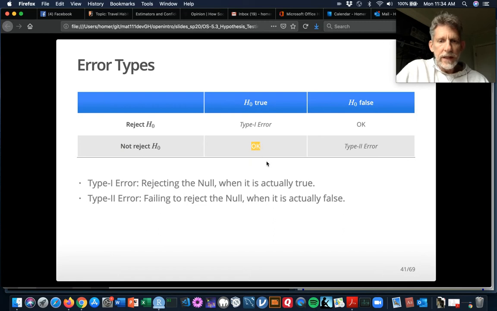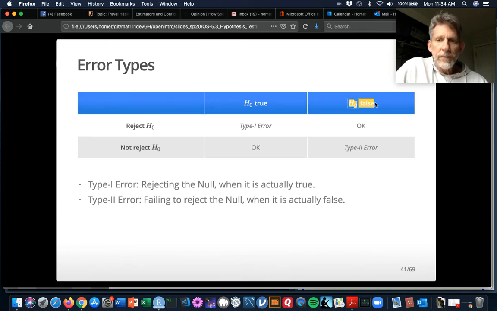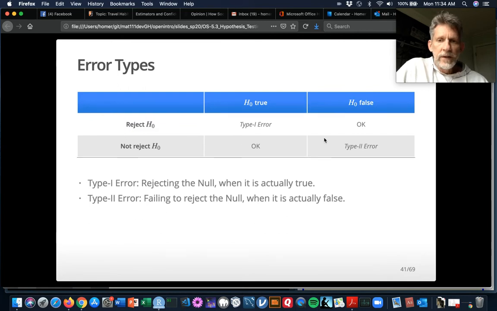You have not made an error. You won't know that you're right because you don't know the population parameter, but you will not have made an error in that case. Similarly, if the null hypothesis is false and you reject it, then you're okay. But in the other 2 cases, you've made an error.